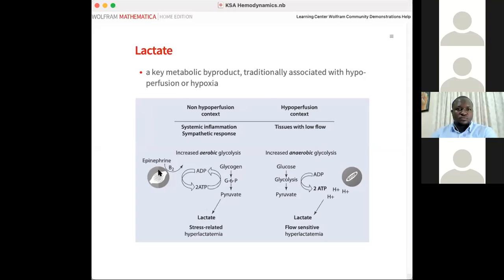The activity of beta-2 agonists increases glycogenolysis and lipolysis, so you have a lot of glucose-6-phosphate entering glycolysis and producing pyruvate. The pyruvate is supposed to go into the TCA cycle, but this cycle may be overwhelmed, and so the product may be shunted to lactate production, which is aerobic, as opposed to the lactate that is due to hypoperfusion and hypoxic states.